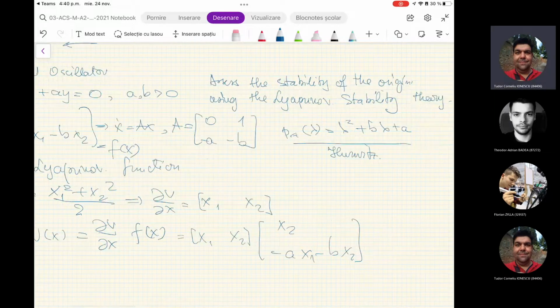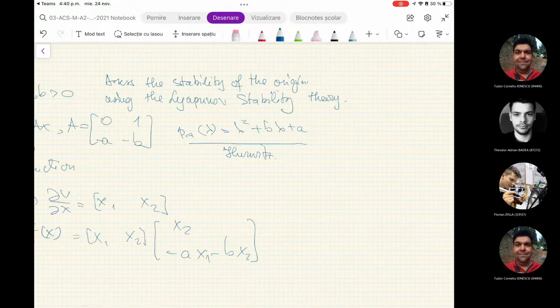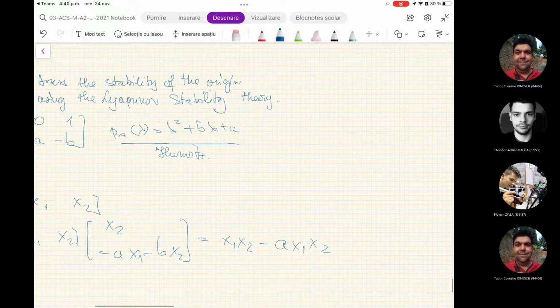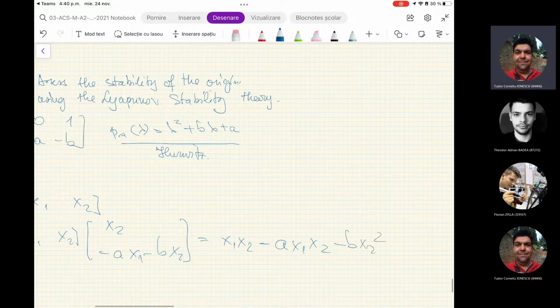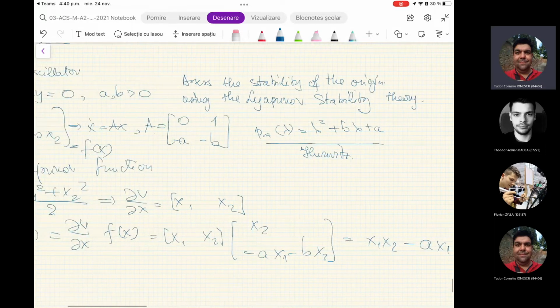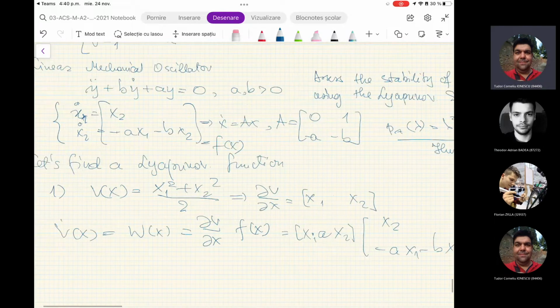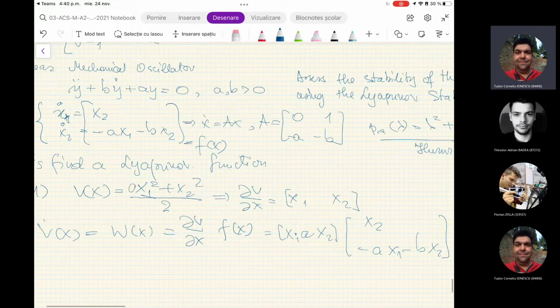So this is x1 x2, this times this, plus this times this, minus a x1 x2 minus b x2 squared. So this is not right. I need something else. I need here times a, so I'm taking here a.